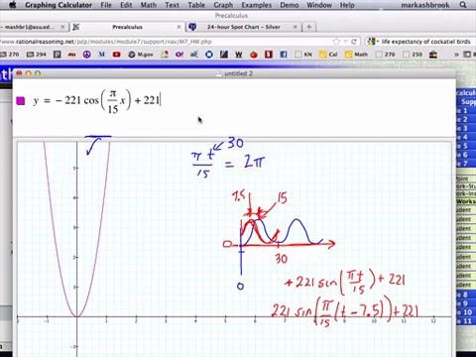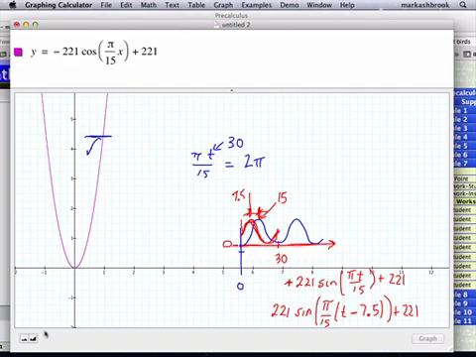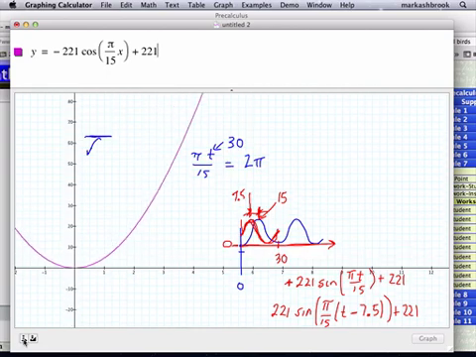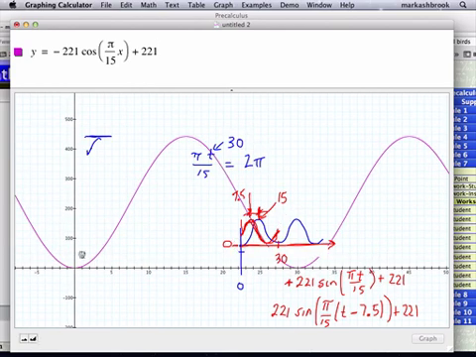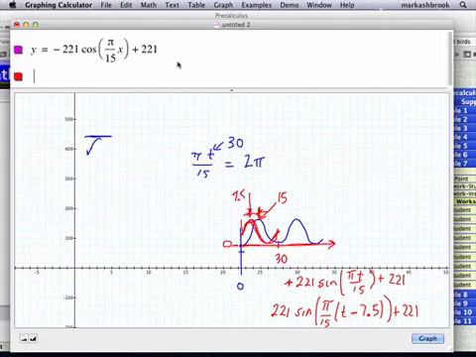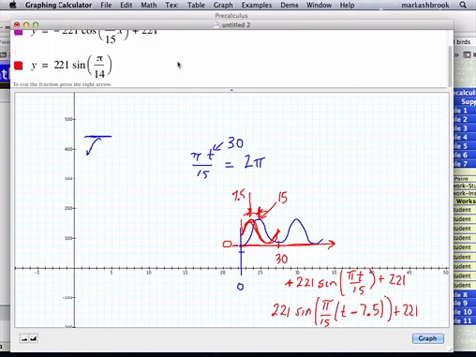We gotta zoom out here. Okay, so if I graph this new one that we just built, y equals 221 sine of pi over 15 times t minus 7.5, plus 221.